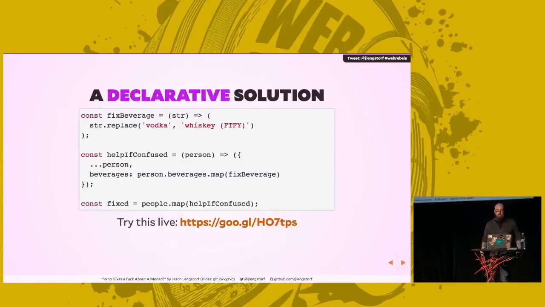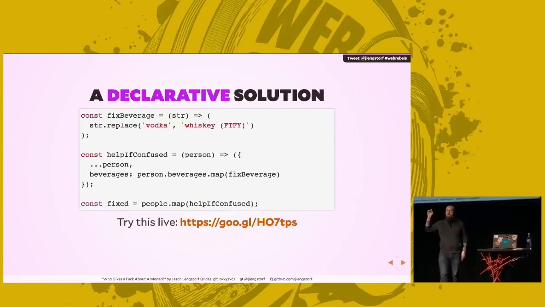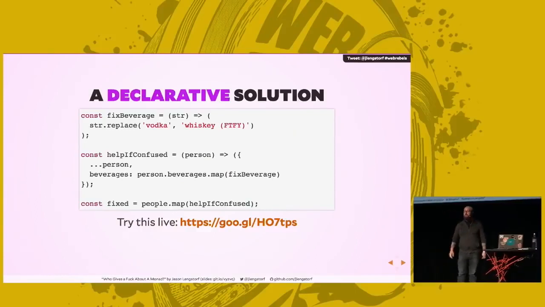So declarative code is going to, instead of setting up loops, we're going to write a function called fixBeverage. FixBeverage accepts a string and replaces the word vodka with whiskey. Okay? Then we're going to write a function called helpIfConfused. And what that does is it takes a person, and it returns the person, but it replaces the beverages with a fixed beverage if that exists, right?